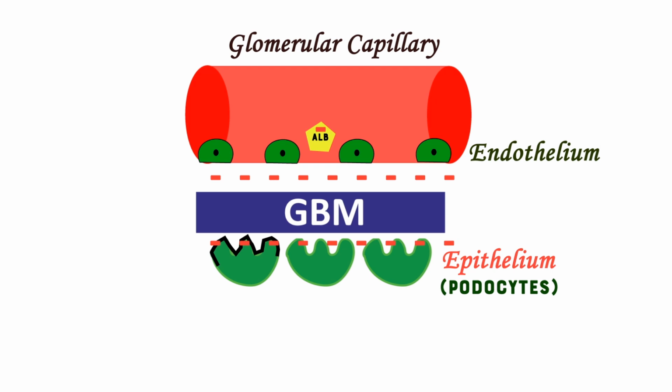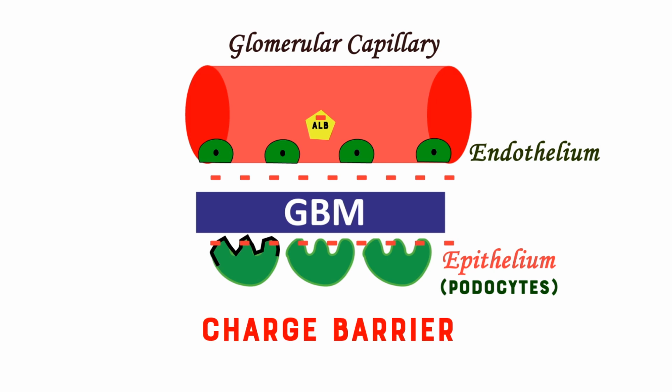As a result, when negative charge comes in contact with negative charge, it gets repelled. And that is the reason why albumin is not filtered despite the size being smaller than the fenestrated capillaries. So what do we call this? Initially I told you that glucose and RBC was called a size barrier, whereas this barrier is called the charge barrier because the charge of the albumin is preventing it from getting filtered.